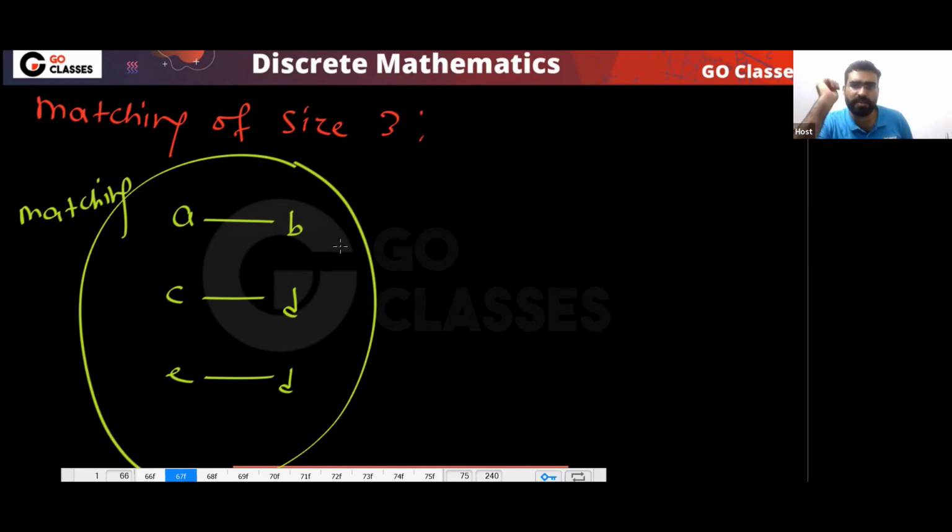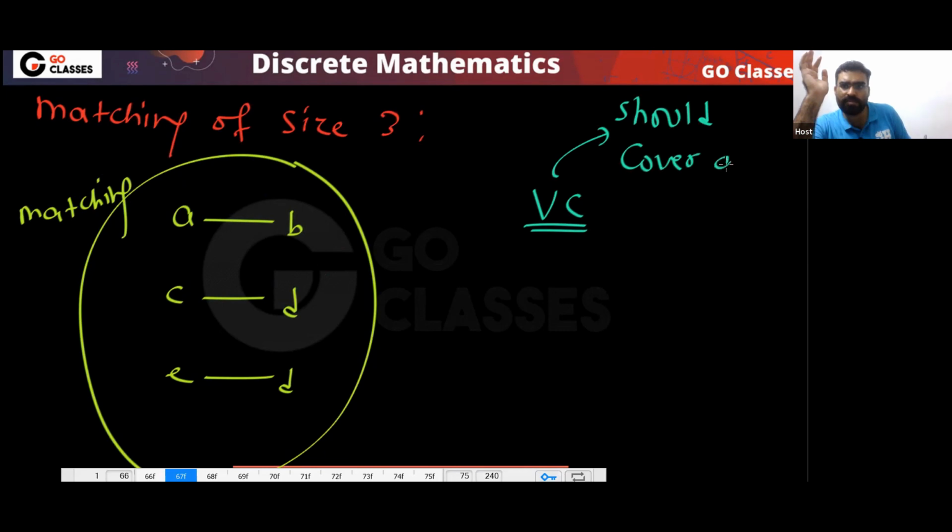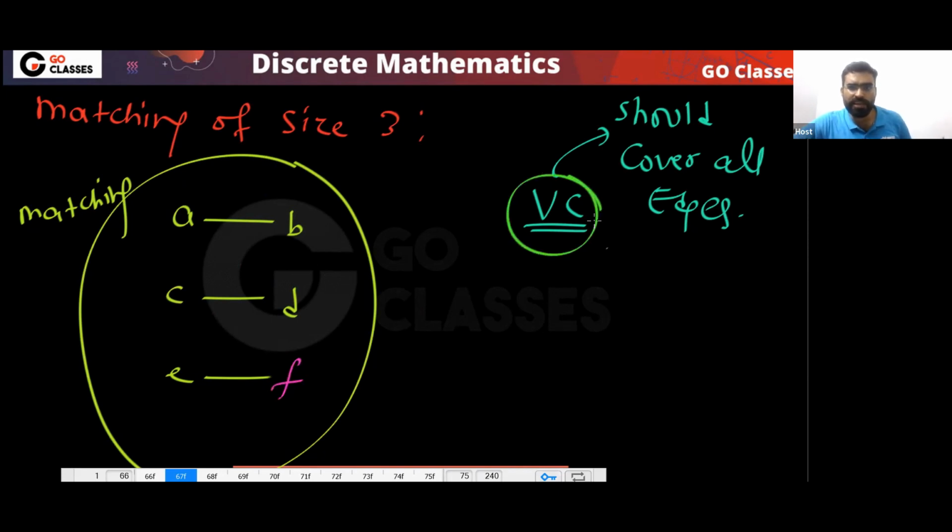Now tell me one thing. Any vertex cover, if I create any vertex cover, should cover all the edges. Yes or no? Now, if I need to cover all the edges, what can you guarantee?